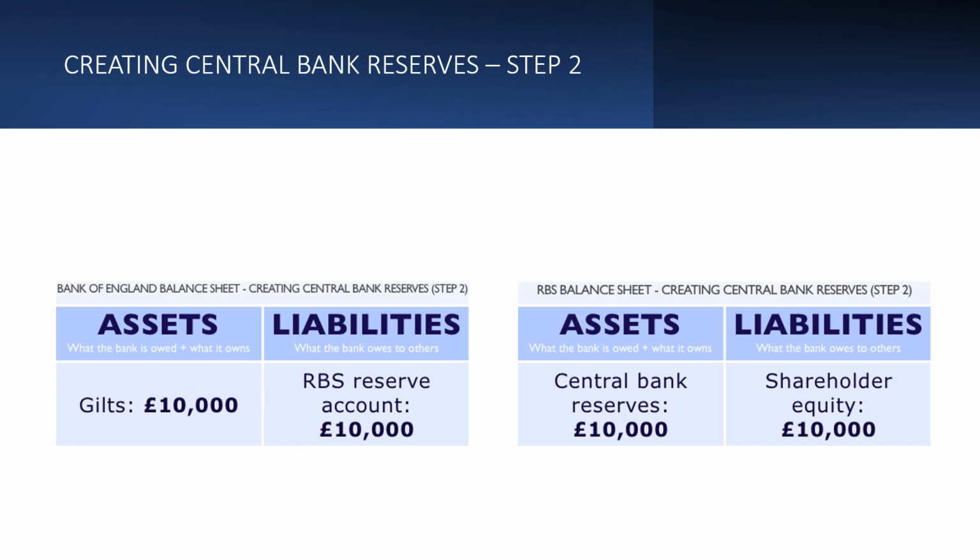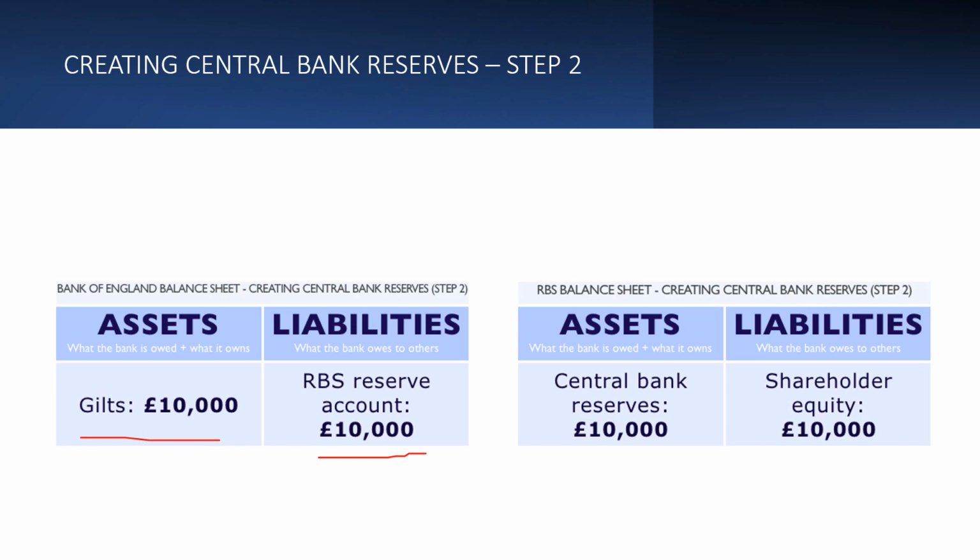Essentially they want to convert their gilts into liquid reserves. What happens is the Bank of England purchases the gilts from RBS, and once the sale is completed, the Bank of England has gained £10,000 of gilts as an asset, and it also has a liability of £10,000 as reserves.